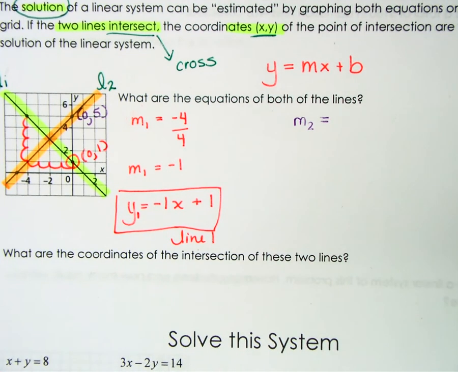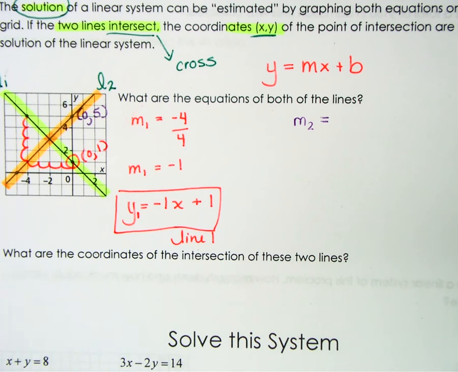So what's the slope for line 2? And is this slope positive or negative? Positive, because it's rising to the right. Anybody?